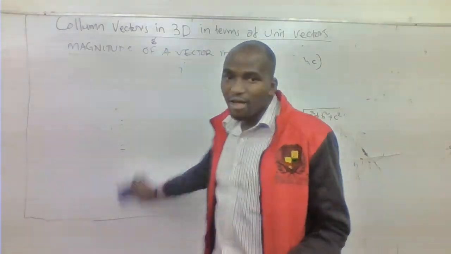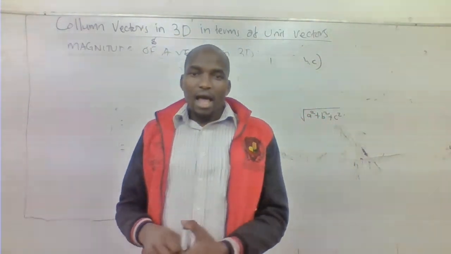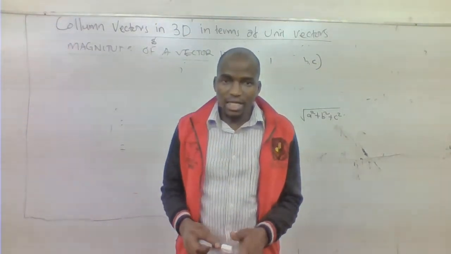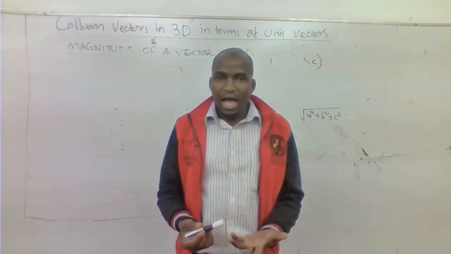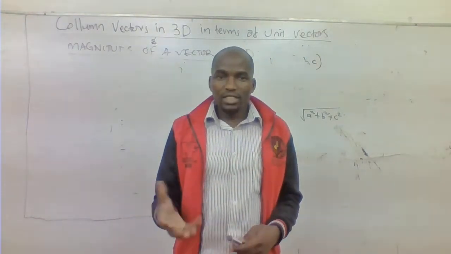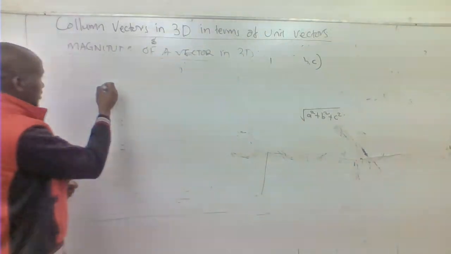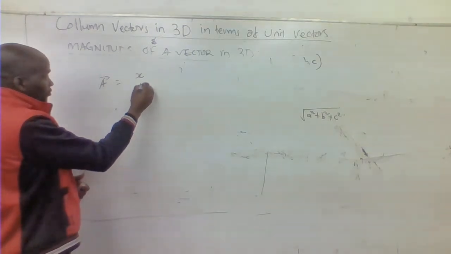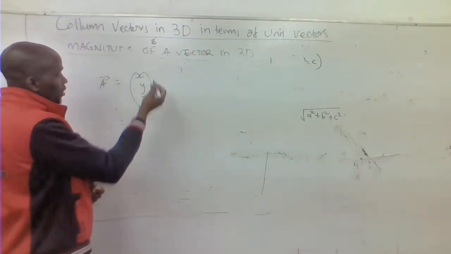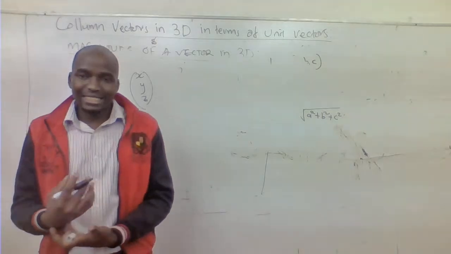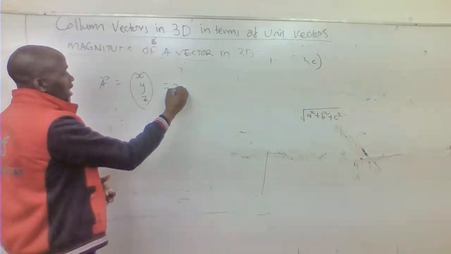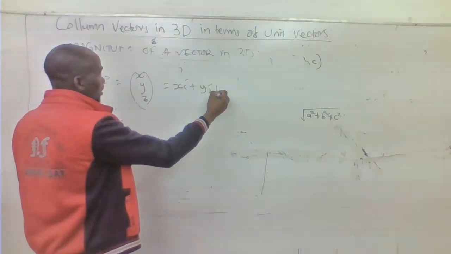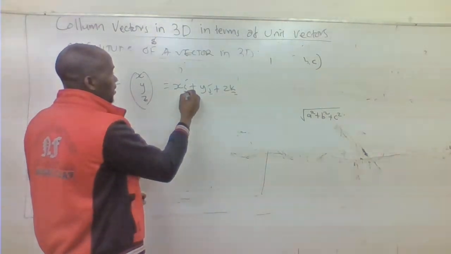So we have learned that a vector is a quantity with both direction and magnitude, and we have also seen that given a vector in 3 dimensions, for example, let me say vector A, which is x, y, and z, this can be expressed in terms of unit vectors as xi plus yj, then plus zk.